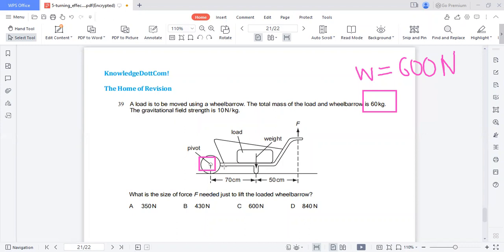From the pivot to the weight there is a distance of 700, and the force is the weight, which is 600. The weight gives a clockwise moment, so the clockwise moment is 700 times 600.